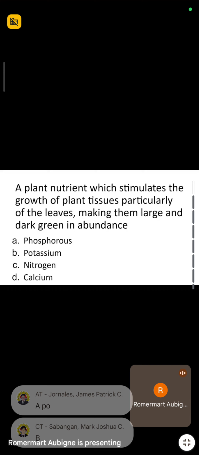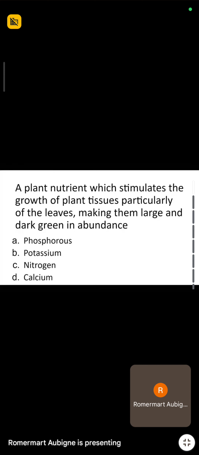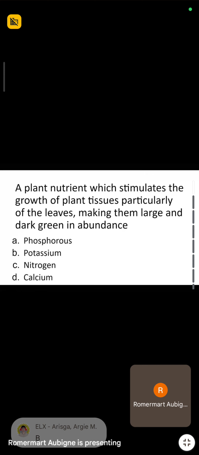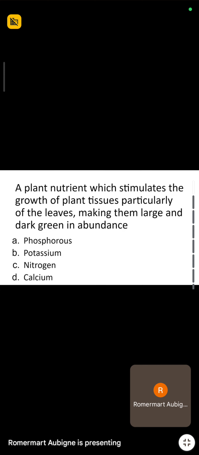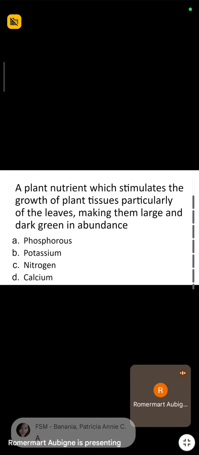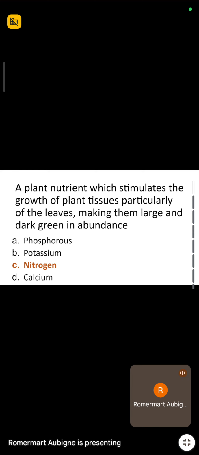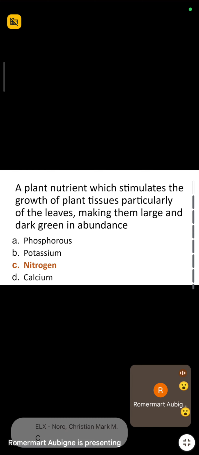A. Phosphorus, B. Potassium, C. Nitrogen, D. Calcium. The correct answer is nitrogen. So, nitrogen po ang kailangan ng halaman para maging maganda yung kanilang dahon.